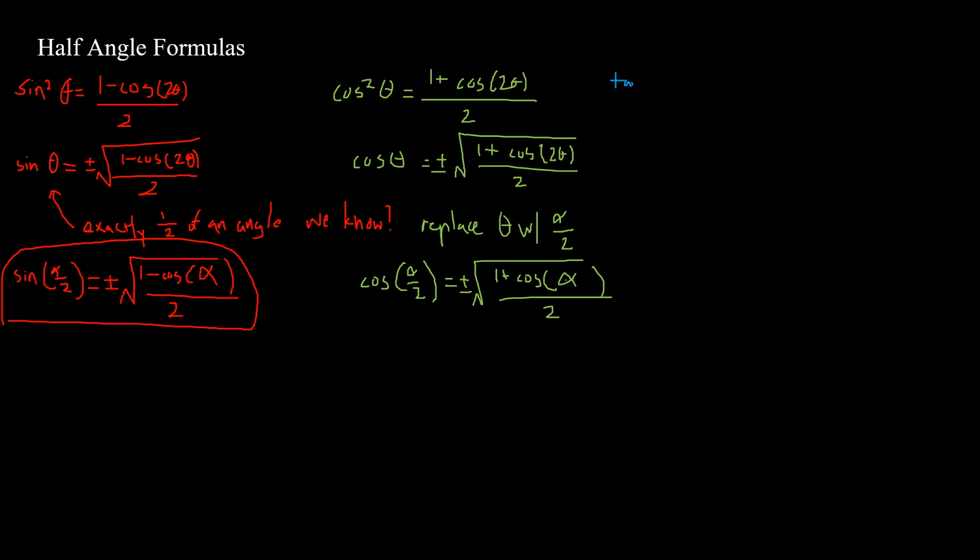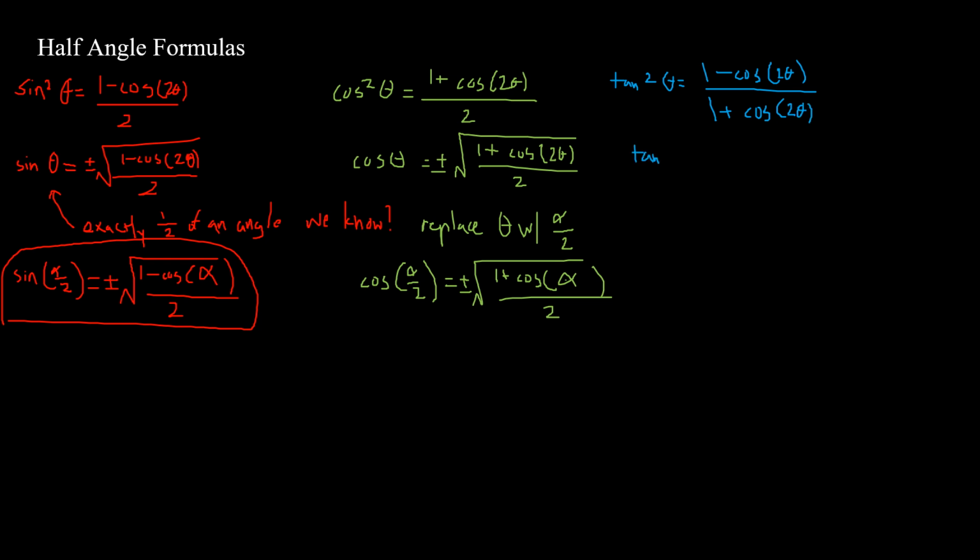We know that tan squared theta is going to be equal to 1 minus cosine 2 theta all over 1 plus cosine 2 theta. So we can pretty much do the same steps as we have been doing so far.